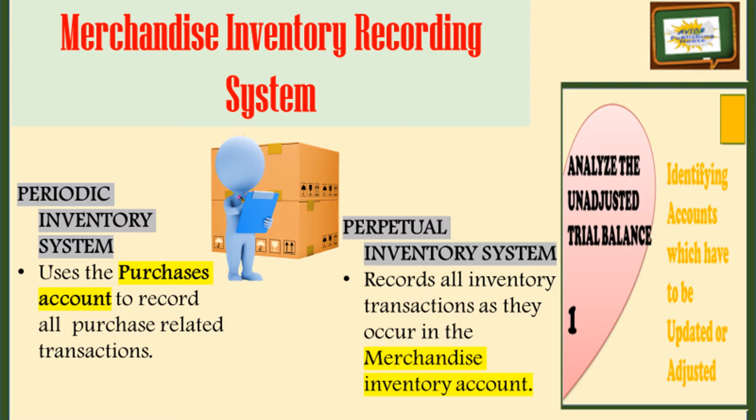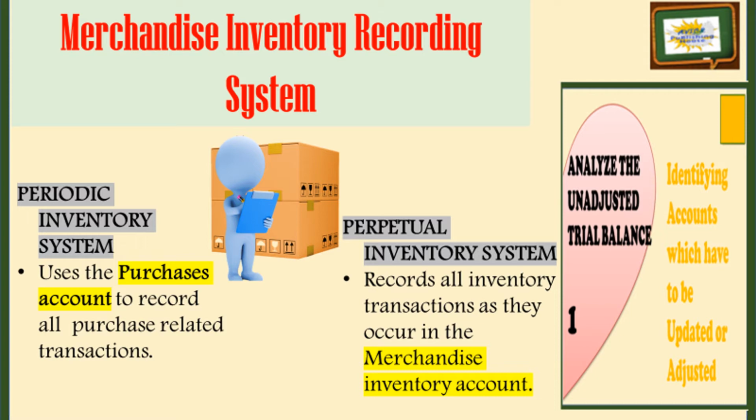So we have the periodic inventory system and perpetual inventory system. Periodic inventory system uses the purchases account to record all purchase-related transactions. Perpetual inventory system records all inventory transactions as they occur in the merchandise inventory account.